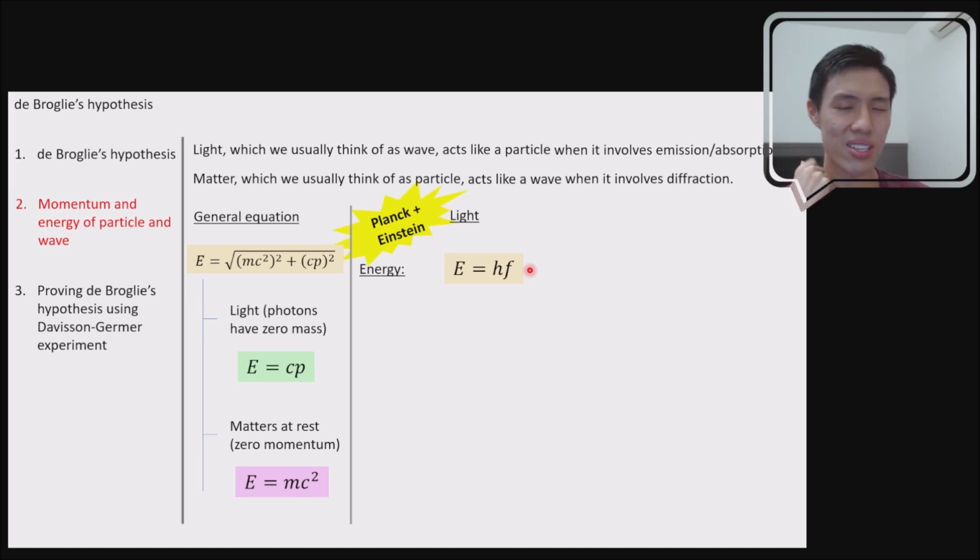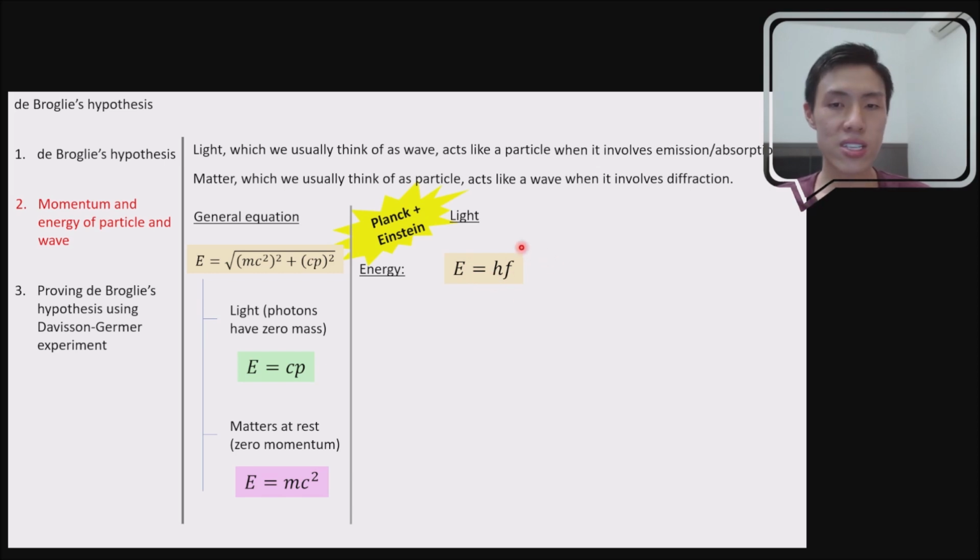That is saying that the energy of light is dependent on its frequency. The higher the frequency of light, the greater the energy of the light. Let's not go too much into the detail, but E is equal to hf, where h is the Planck constant, which I will introduce later. Basically it's just a constant to relate the energy of light and the frequency of light.